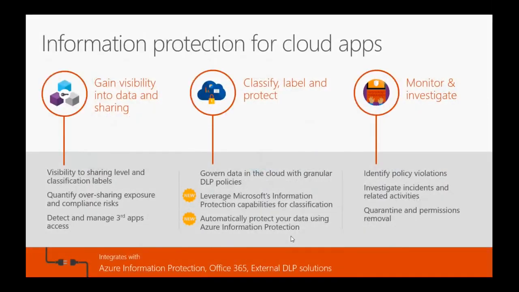Now let us talk about information protection for cloud apps. We already spoke about this in the previous slide. As I mentioned earlier, this discussion is not particularly slide by slide or deck by deck. It is a discussion about security as a whole, in the cloud itself. This visibility can be done on the dashboard itself.